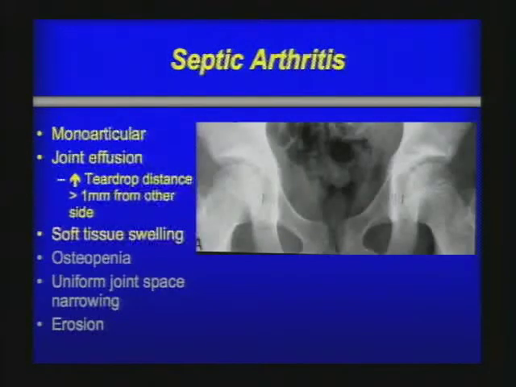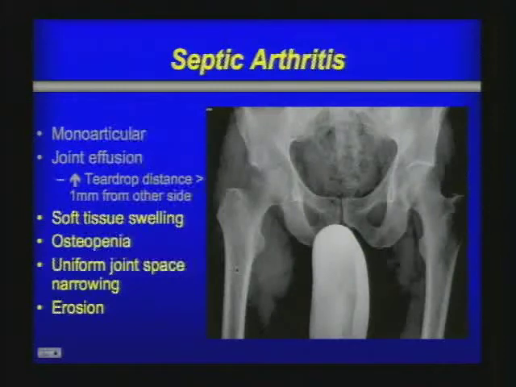Septic arthritis is usually monoarticular, different from the inflammatory arthropathies Dr. Steinbach described. You may have a joint effusion in the early phase, very typical, and this is shown in the hip due to a teardrop distance asymmetry of more than 1 millimeter, which you can nicely see in this image, where there's a difference of more than 1 millimeter from the right to the left side, so joint effusion on the right side, typically accompanied by soft tissue swelling.